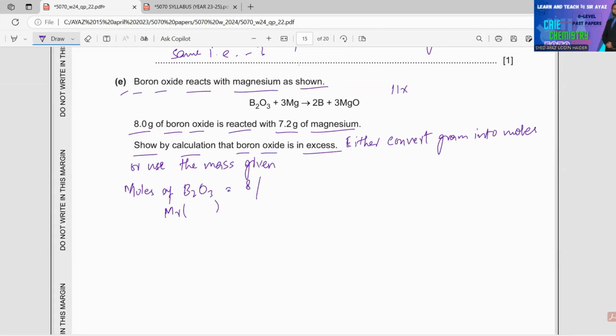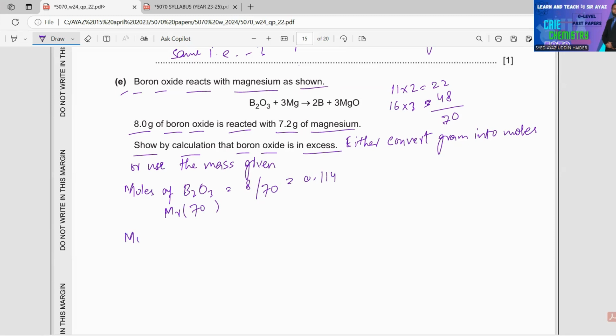So 11 multiplied by 2, 16 multiplied by 3. So we have 22 plus 48. If you add these up, you get 70. MR of B2O3 is 70. 8 divided by 70 becomes 0.114. These are the moles of B2O3.